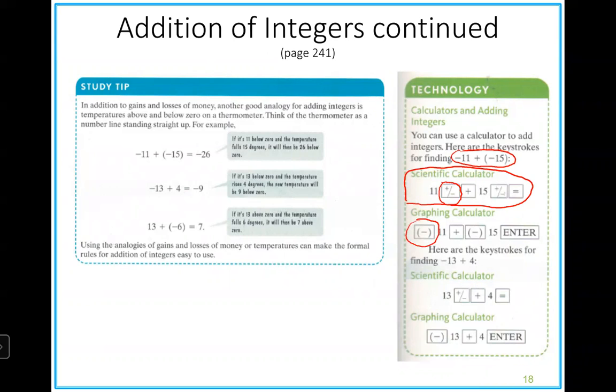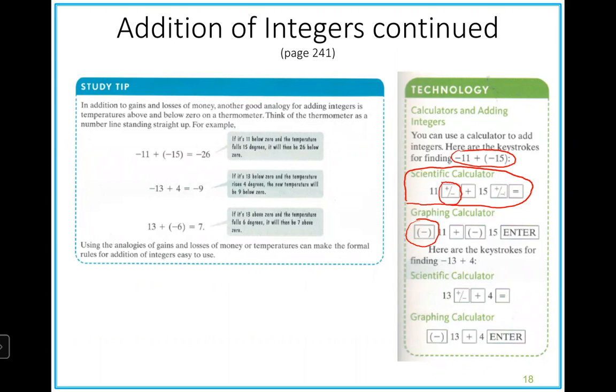You press your negative, your 11, your plus, your negative again, your 15, and you press enter, and you get your answer. Because calculators are different, I would suggest that if you plan to use a calculator for these types of questions, you practice with your calculator and look at the manual to figure out how to work it and which one is the negative sign.